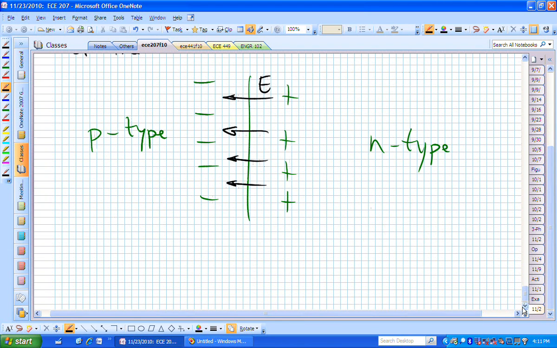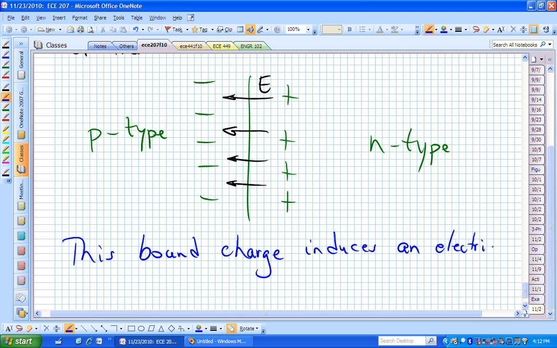And that electric field is going to want to oppose movement across it. This bound charge induces an electric field, and we called this particular region the depletion region.